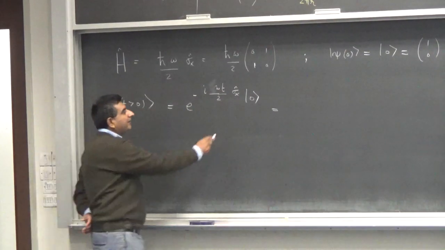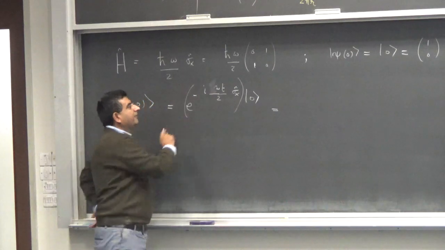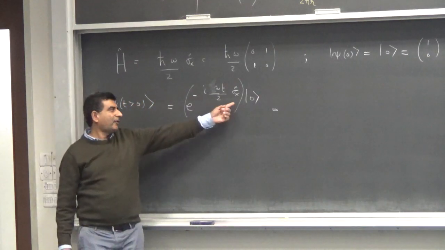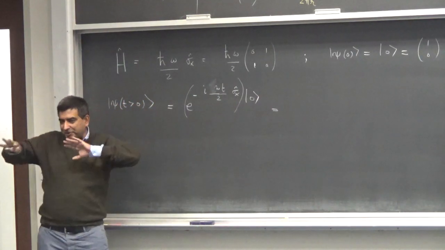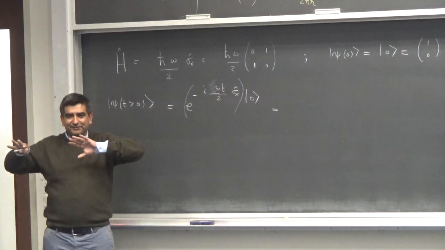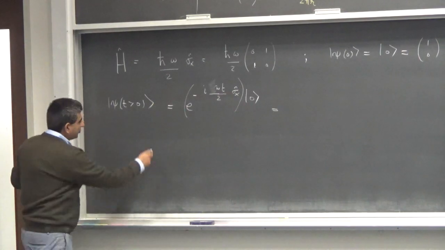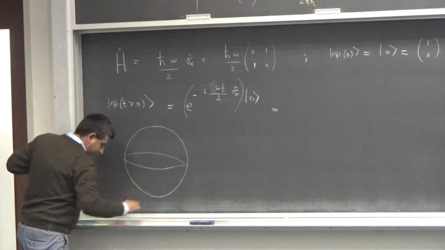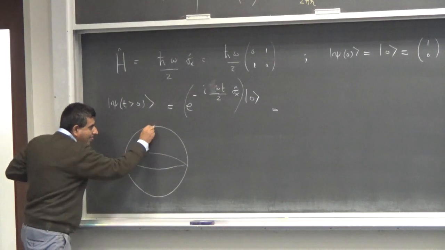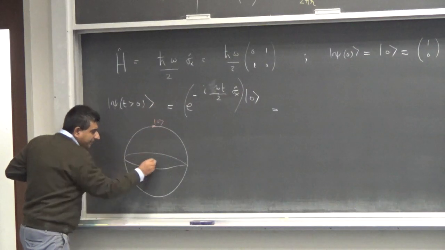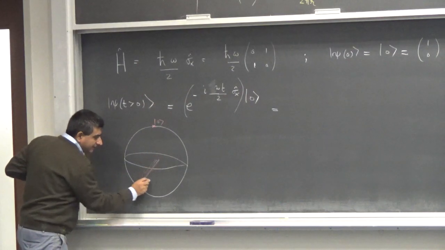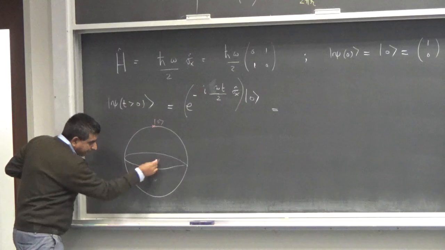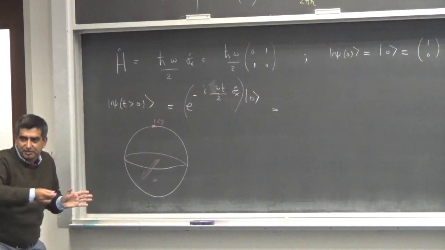Anyway, if you look at this expression here, so we already have looked at a theorem. First of all, it's immediately obvious that this is a rotation about the x-axis. Let me draw the Bloch sphere first. I start off here. This is my x-axis. My magnetic field is pointing in this direction.